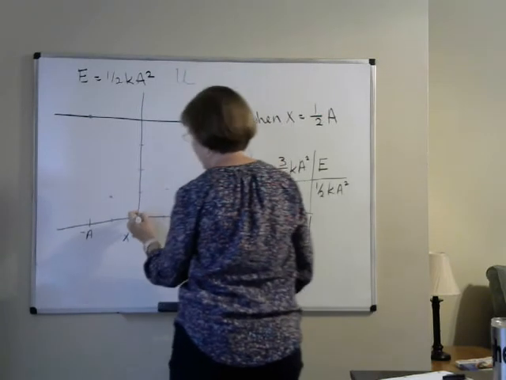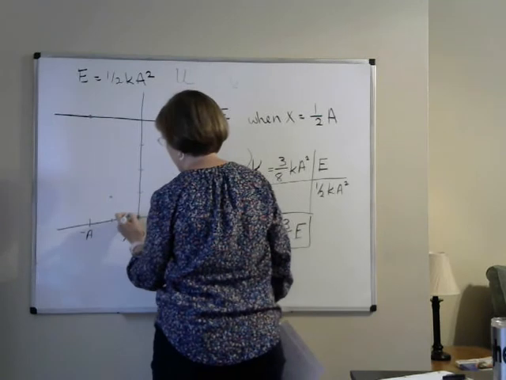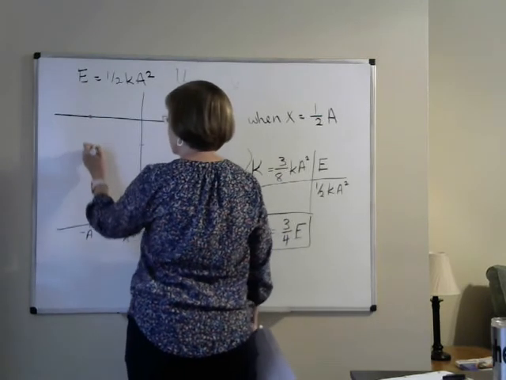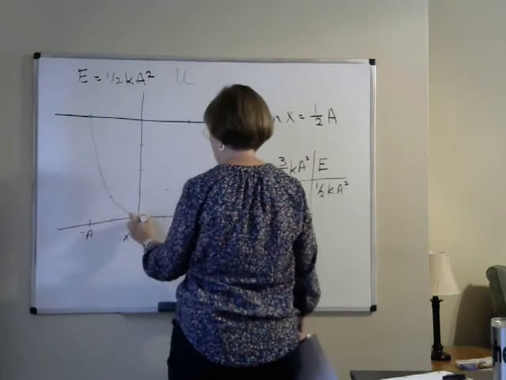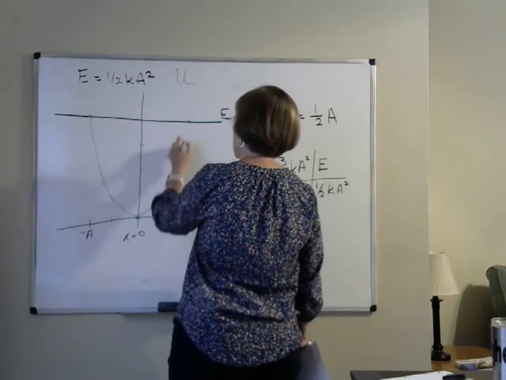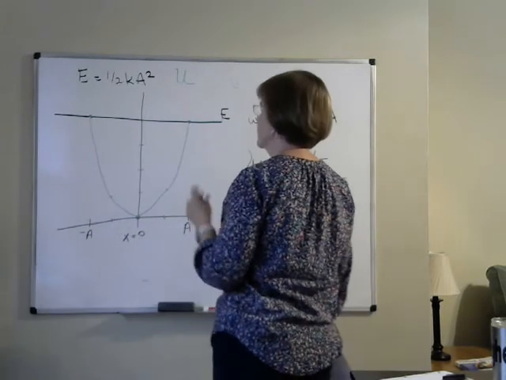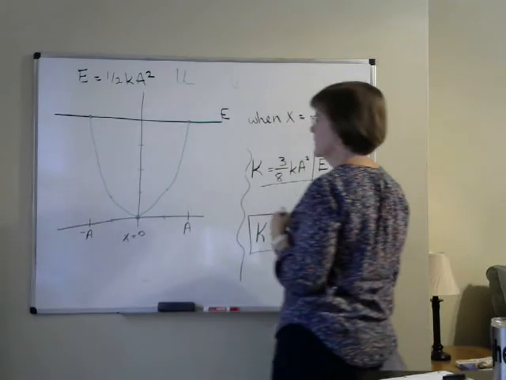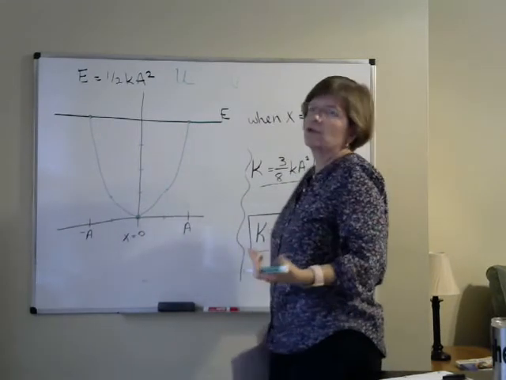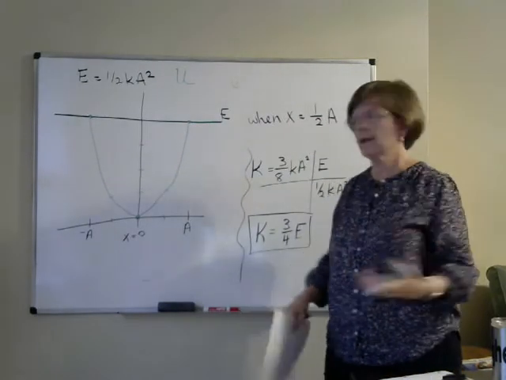Those of you that mastered your Algebra 2 would probably remember that's a parabola. That makes sense because the energy is 1/2 kx squared. So we would expect the potential energy to be a parabola.